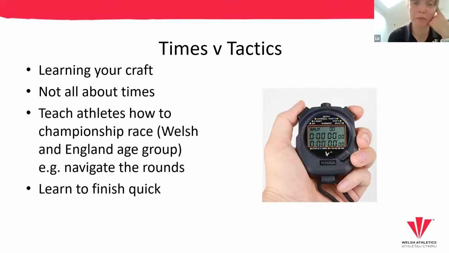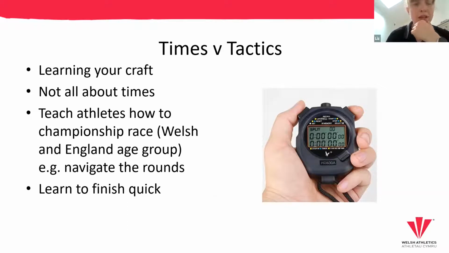However, he finished 5th, because he was able to tactically run that race to a level where he could execute a good finish, and he knew where he needed to be within that race. So I think that's a really good example from perhaps a higher level than we deal with, but where tactics are very important, and teaching athletes that as well.